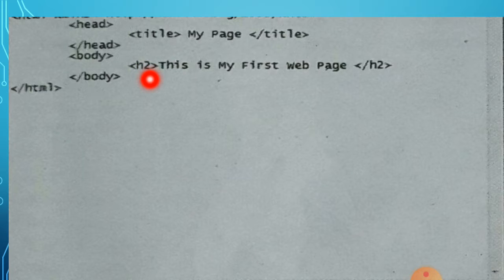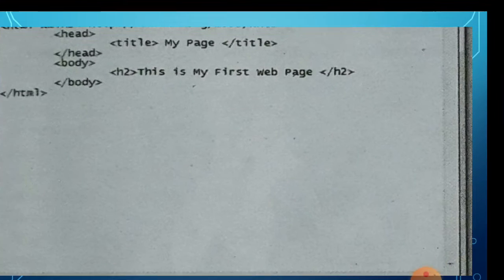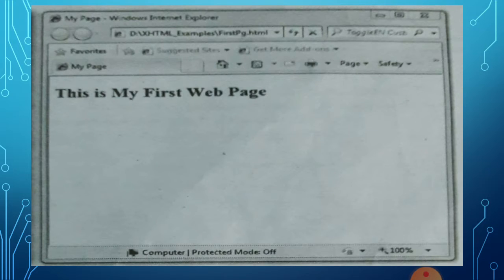H2 means heading tag. H2, this is my first web page, slash H2, that is the closing tag. Then we open the HTML tag and close the HTML tag. We can see the output in any browser. So this is my web page.